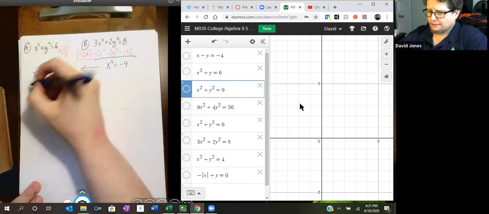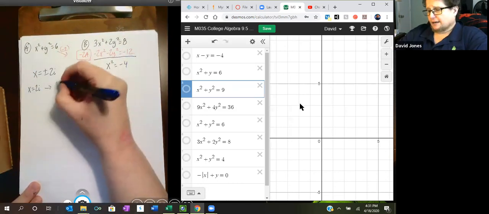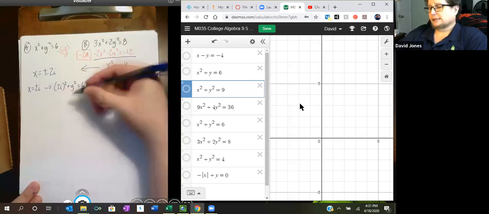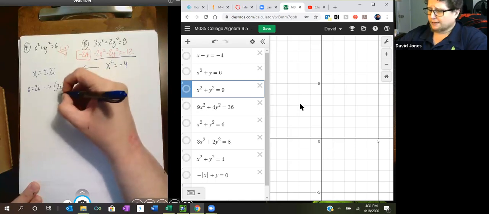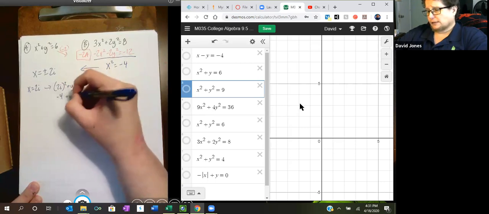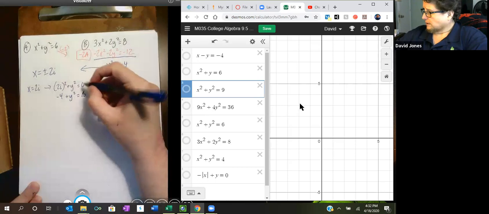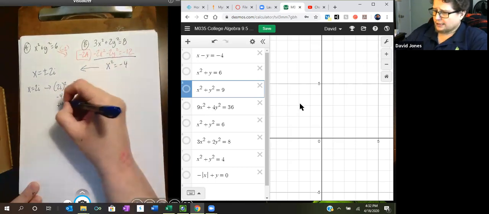Okay, plug it in. If I plug in x equals 2i, I have (2i) squared plus y squared equals 6. So (2i) squared, i squared is -1. 2 squared is 4. 4 times -1 is -4. Add 4 to both sides.